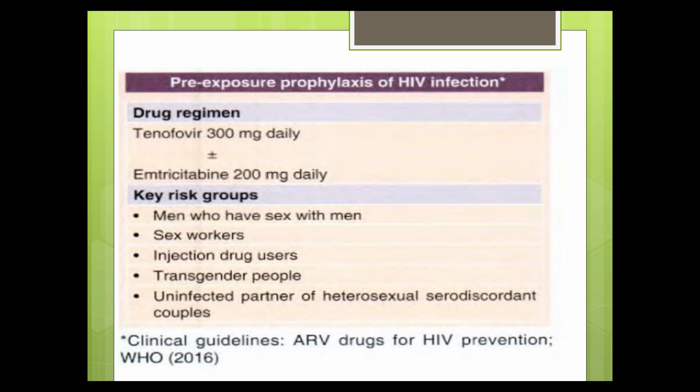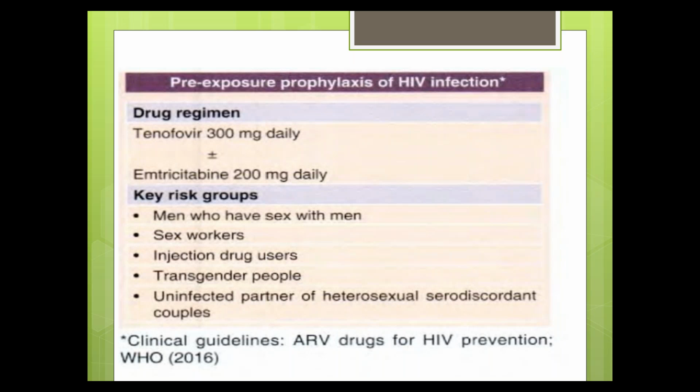They don't use their own personal syringe; they use the same syringe for the whole group of people taking the drugs. Also transgender people, and the uninfected partners of heterosexual serodiscordant couples.